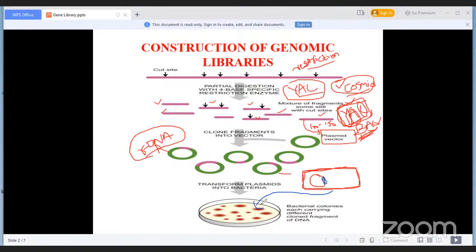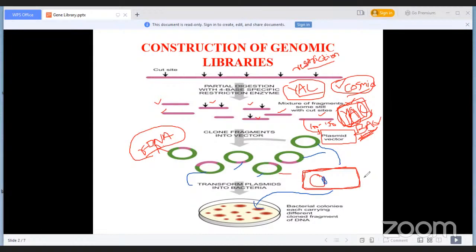It replicates by binary fission and forms a number of bacteria. This is one plasmid that went into a bacterium. This is another plasmid in another bacterium. This is inserted into another bacterium. This is also transferred into another bacterium. Like this, a number of bacteria are formed with rDNA. Now these bacteria are called transformed.